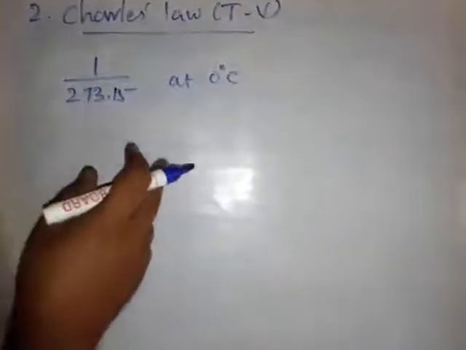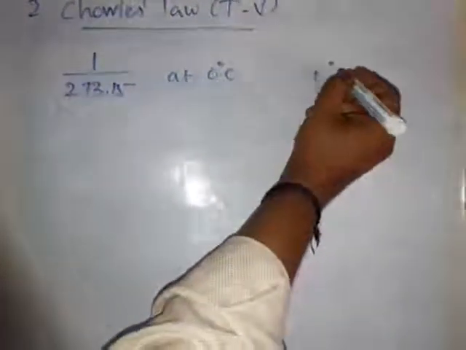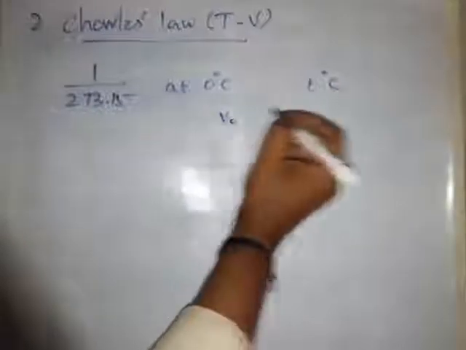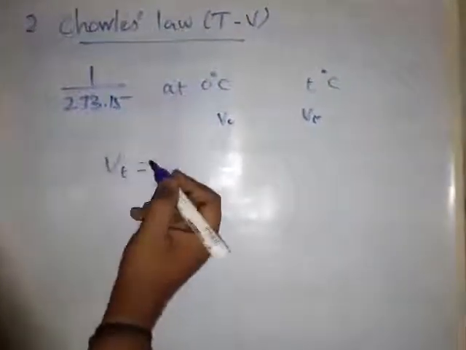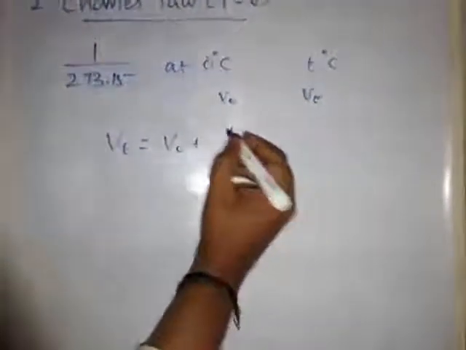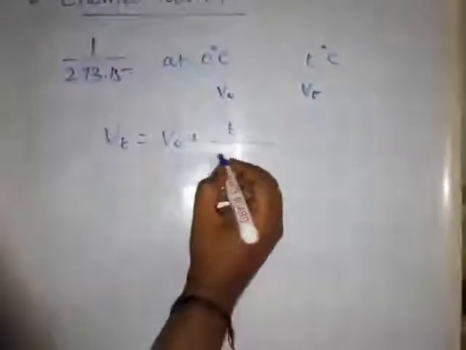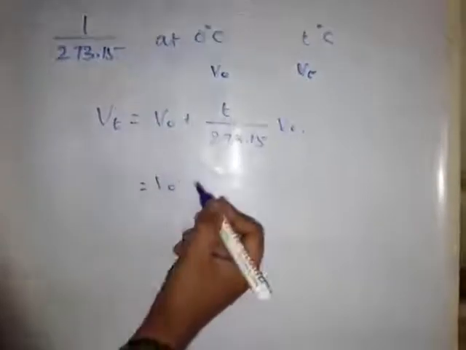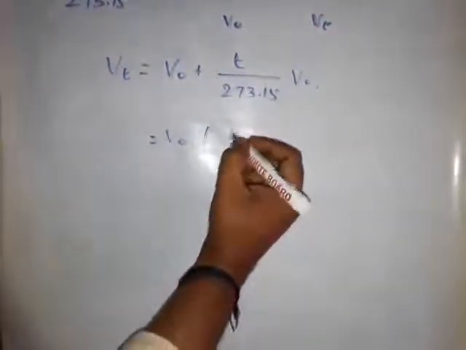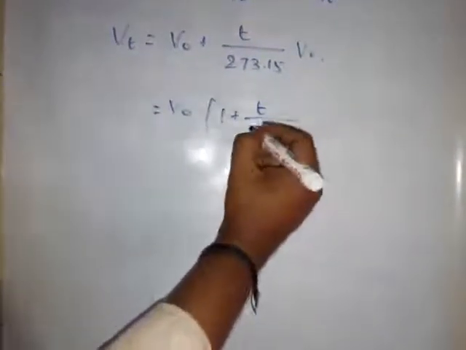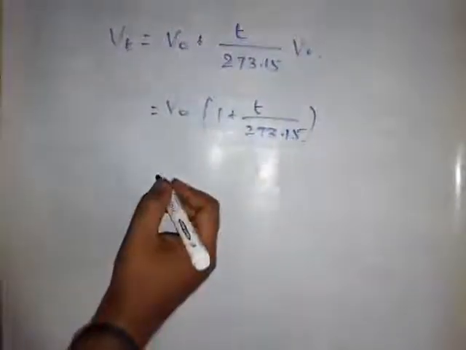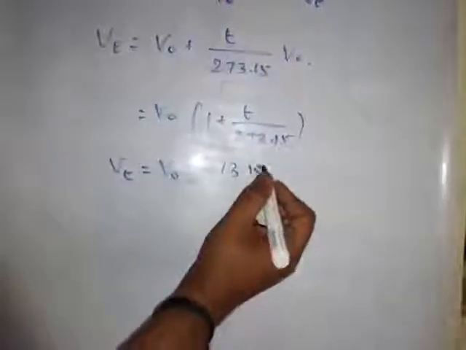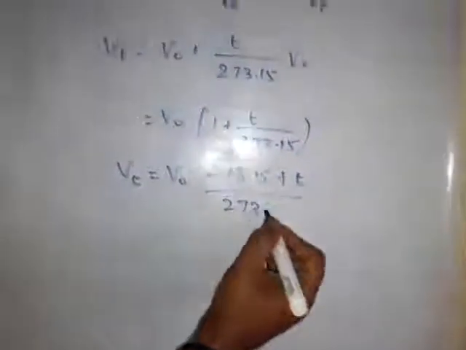So the volumes of the gas at 0 degrees Celsius and at t degrees Celsius are V naught and Vt respectively. So Vt is equal to V naught plus t divided by 273.15 times V naught. V naught is common, so Vt is equal to V naught times 1 plus t by 273.15. Rearranging this equation, Vt is equal to V naught times (273.15 plus t) divided by 273.15.